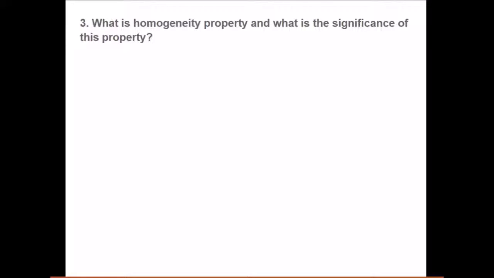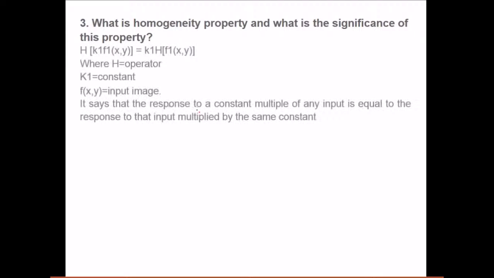What is the homogeneity property and what is the significance of this property? The homogeneity property is like this: H[k1 f1(x,y)] = k1 H[f1(x,y)], where H is the operator, k1 is the constant, and f1(x,y) is the input image.